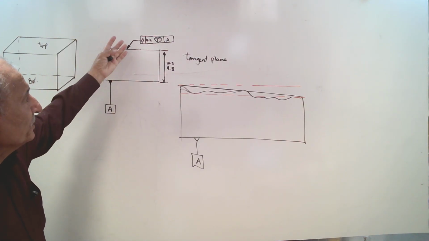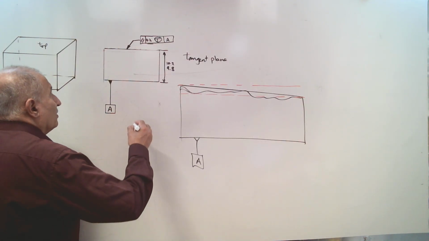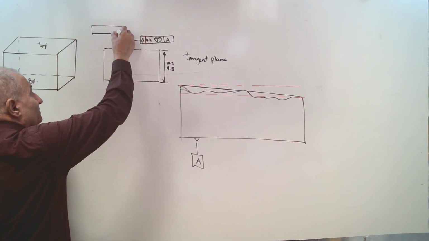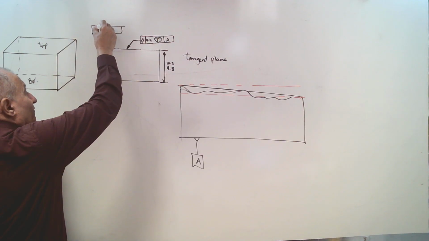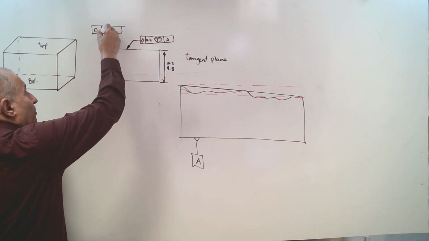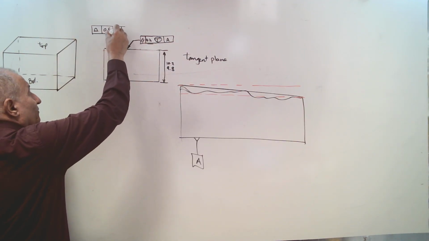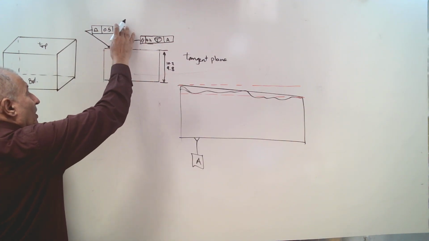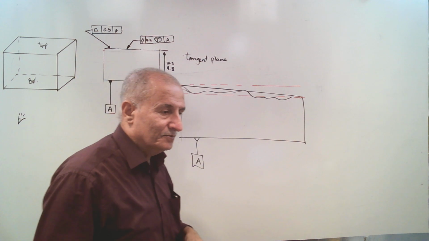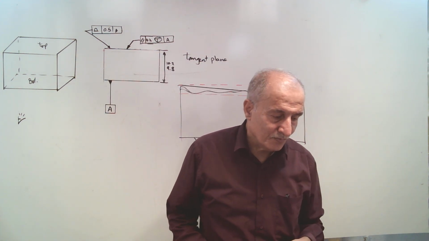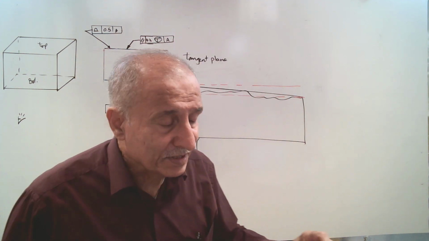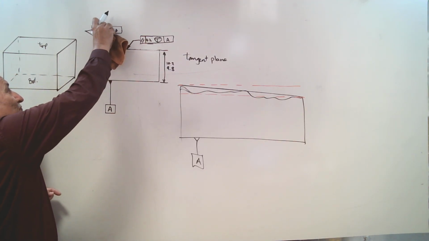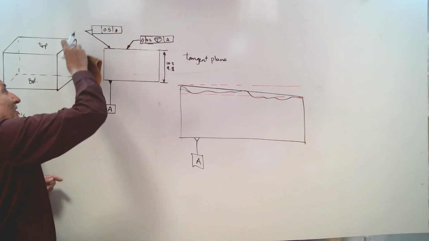And if you have other tolerances, for example, a profile of a surface tolerance. Let's use profile of a surface, for example, 0.5 with respect to datum A that applies to this surface. Profile of a surface. In this case, flatness is controlled by the zone 0.5, the zone size is 0.5 for flatness as well.